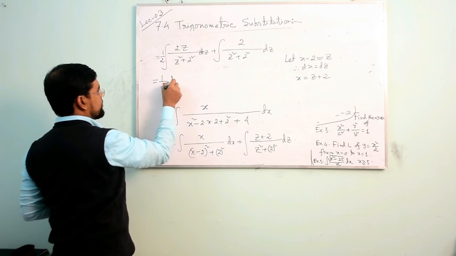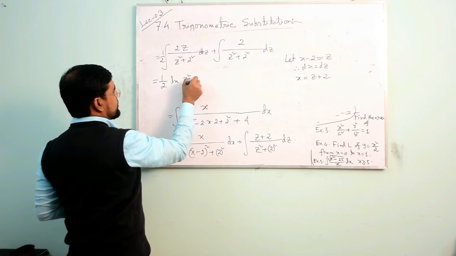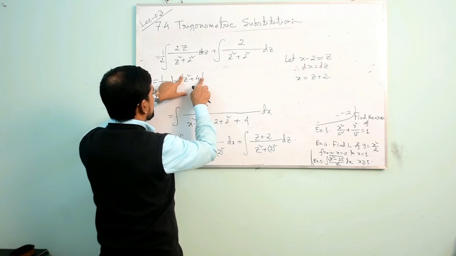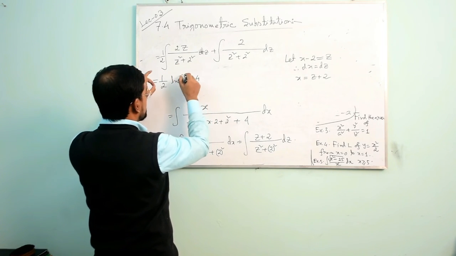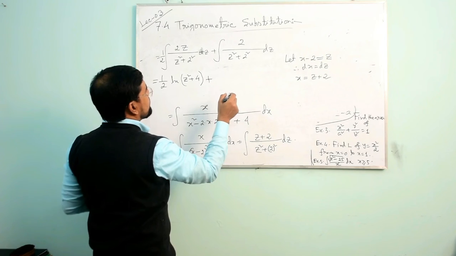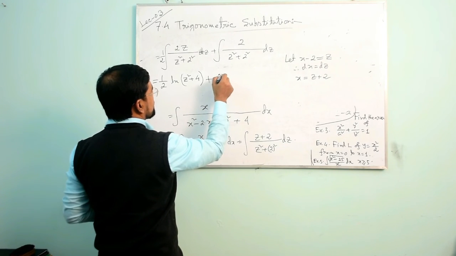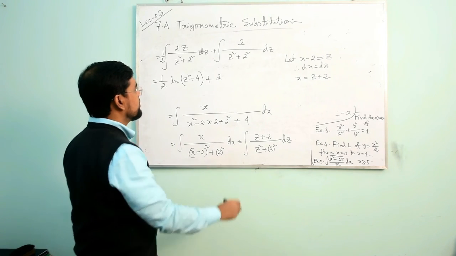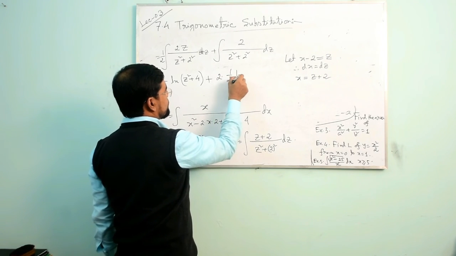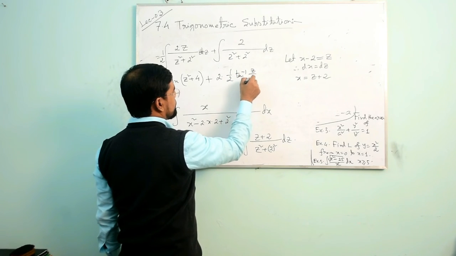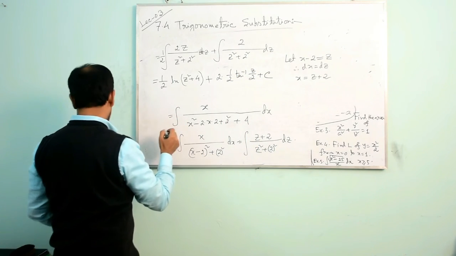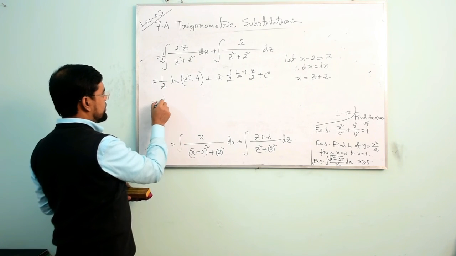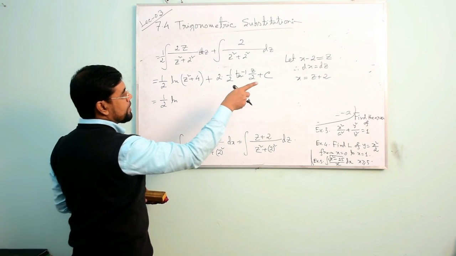And we can use this formula, ln z square plus 4, and you don't need to write the absolute sign here because z square plus 4 is always positive, plus 2 into the integration of 1 by a square plus x square, which equals 1 by 2 tan inverse z by 2, plus c. So finally you need to replace z by x minus 2.